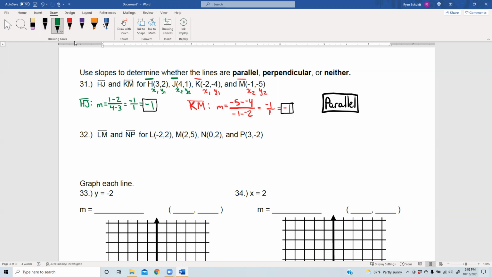Okay, let's look at 32. 32 asks us to do LM and NP. So LM, label your points, x1, y1, x2, y2. Let's see.